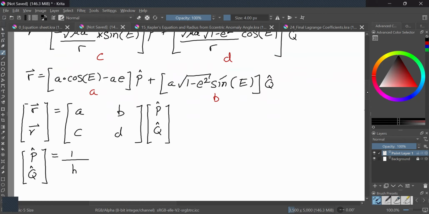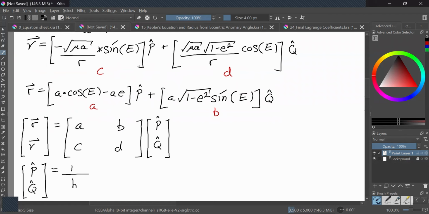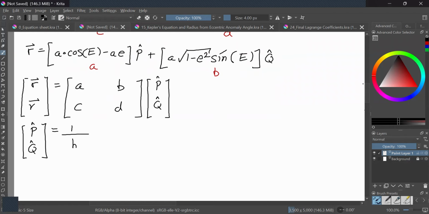Even though we are doing all of our equations in terms of the eccentric anomaly angle, it turns out it is still going to be the specific angular momentum. So that's nice. We will then replace or swap those two. So we'll have D and A, and then we will negate these two. Minus B, minus C.